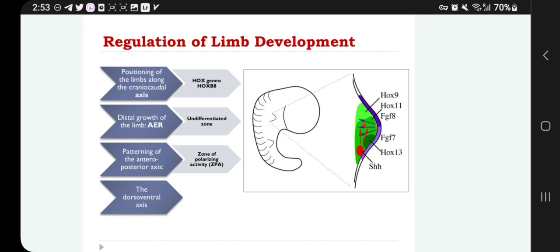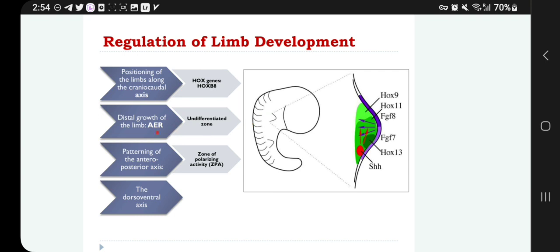Some of them are expressed in this area, and it causes a limb bud to form in this area, and it determines the positioning of the upper limb.